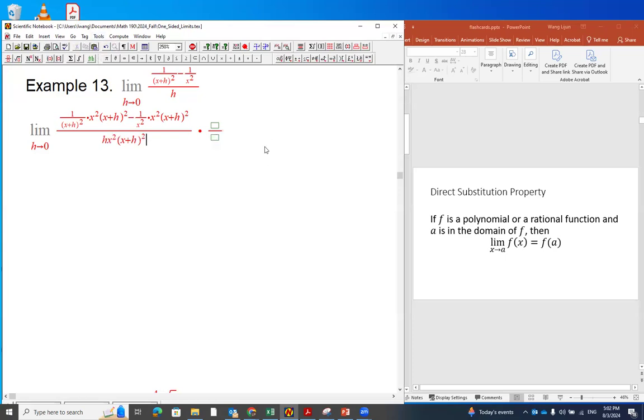So numerator times numerator, denominator times denominator. Reducing, (x plus h) squared reduces, so we get x squared over here. x squared times 1 over x squared equals 1. Don't do anything with the denominator. So we have reduced it.